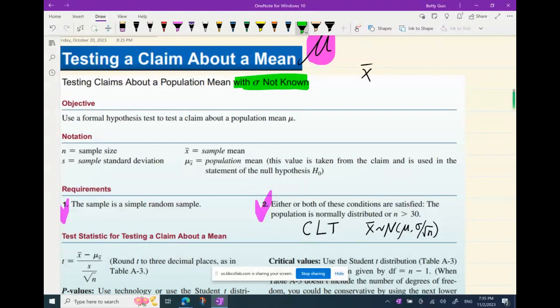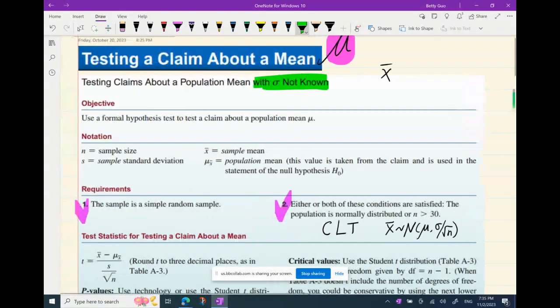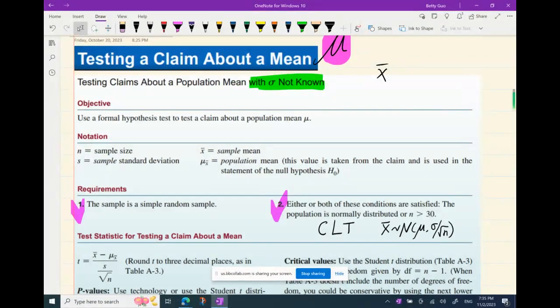It's very rare that you do not know the population mean and you know the population standard deviation. So in this section, we assume the population standard deviation is unknown. It's a very reasonable, realistic assumption.